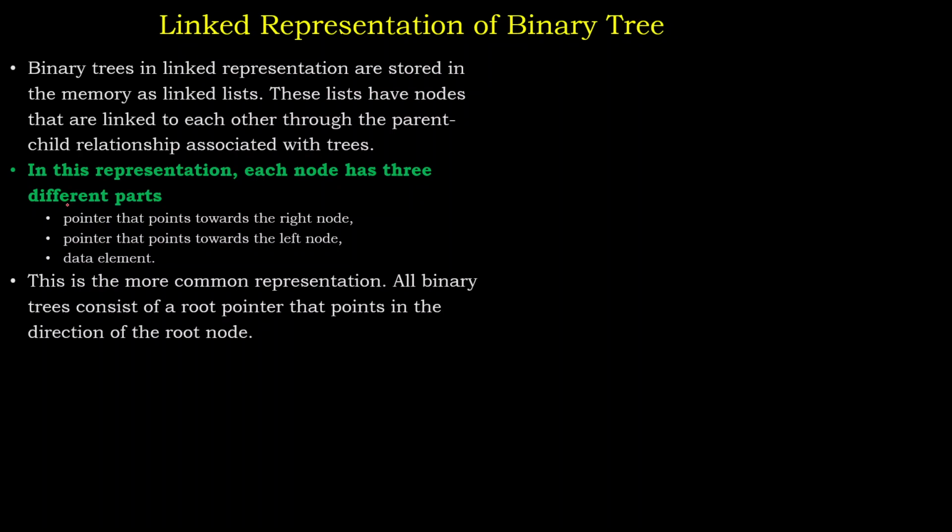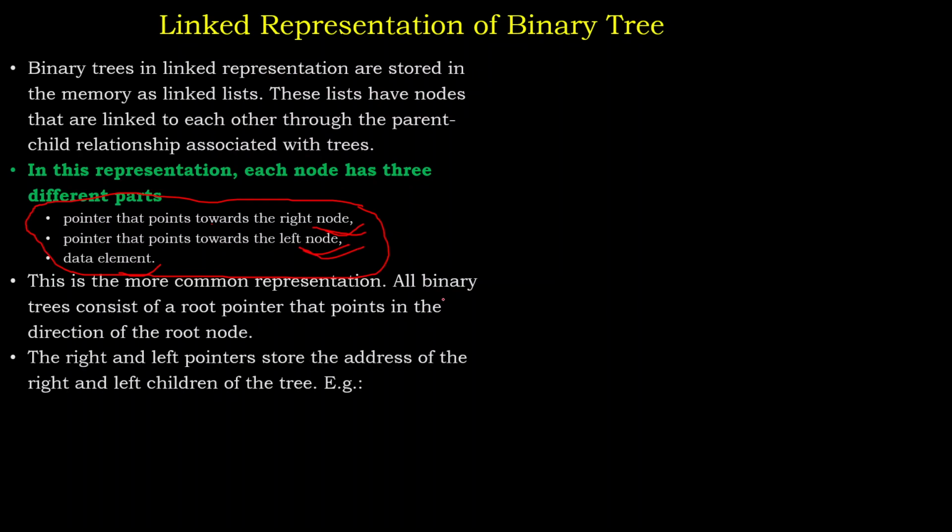So these are the different elements of a single node. Each node has three elements: left pointer for the left node, data, and right pointer for the right node.